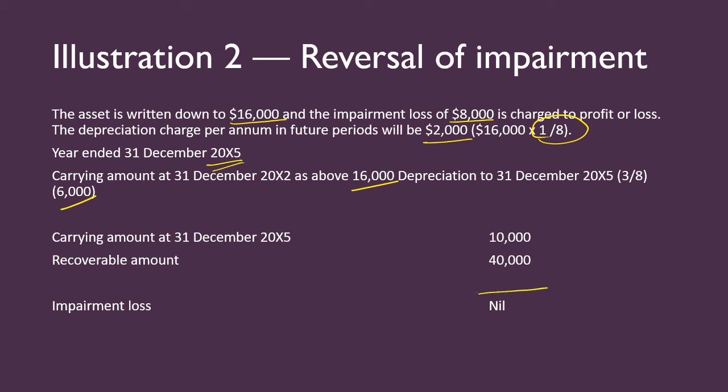That means this year there is no impairment loss, but we have a profit of 30,000. The question is how much you will transfer to the statement of profit and loss.